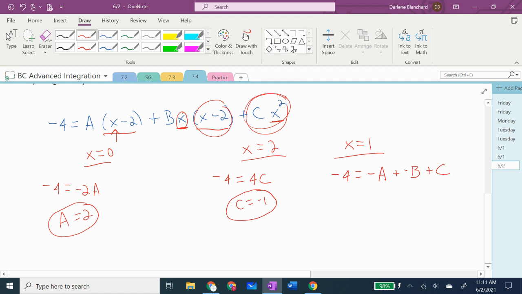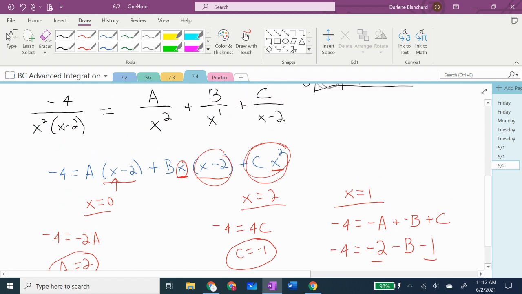I already know a and c, so -4 is equal to -a. I'm just going to change the plus negative to minus b plus c, so -1. And then that is -3, add 3 to the other side, and I get -1 equals -b, so b is equal to 1.